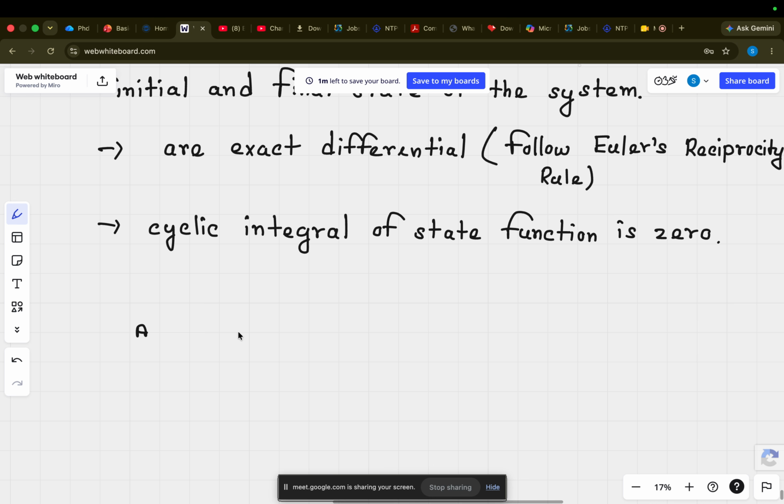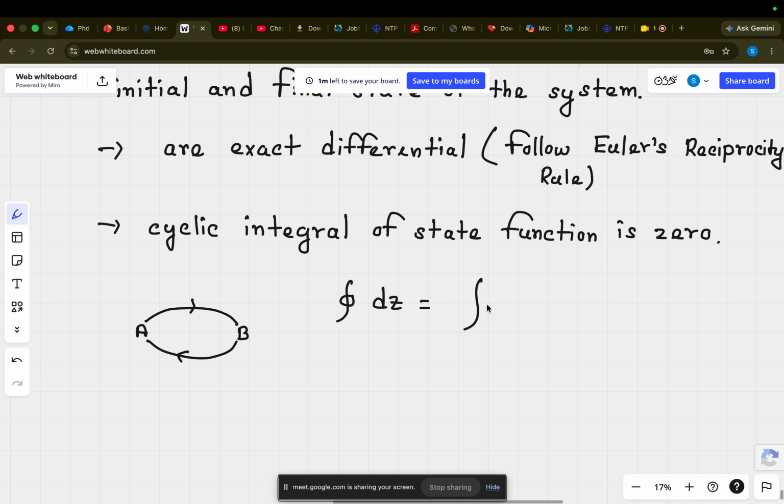Suppose a is the initial state and b is the final state. It moves from a to b, then again comes from b to a. If I do the closed integration of dz, that is actually divided into two parts.